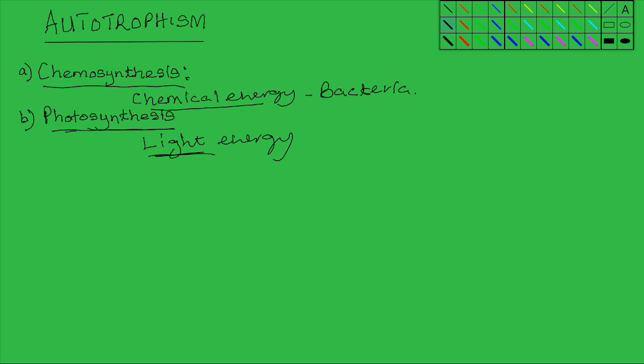Chlorophyll molecule is found in green plants, green algae, green bacteria, and it is used to absorb light energy from the sun. So all plants that are green in color are so because of the presence of chlorophyll that absorbs light energy.